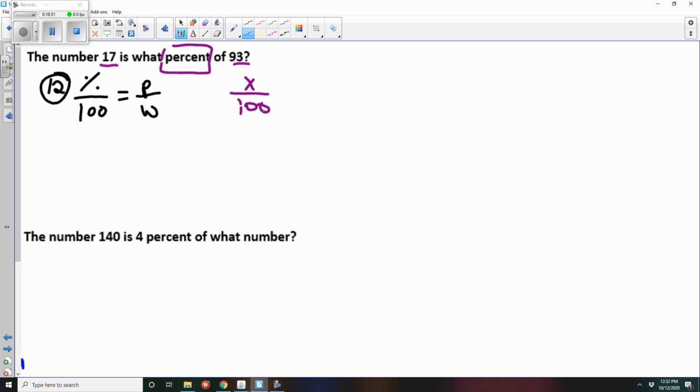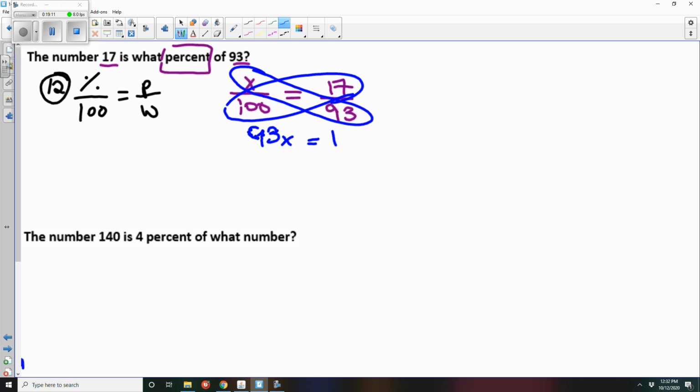And now, is 17 a part or a whole? Part. And now 93 is our whole. Awesome. We're back to where we cross multiply. x times 93 gives 93x. 100 times 17 is 1,700. Divide both sides by 93.